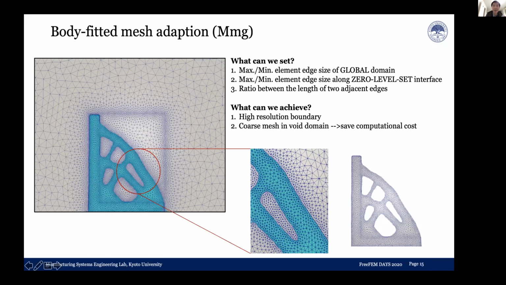So with these two features, we can get a very high resolution boundary, but at the same time remain a coarse mesh at the far field. And another feature is that when solving a multi-physics problem, like the fluid structure interaction problem, we can easily extract the computational domain for solving the Navier-Stokes and for solving the elasticity on this blue domain.